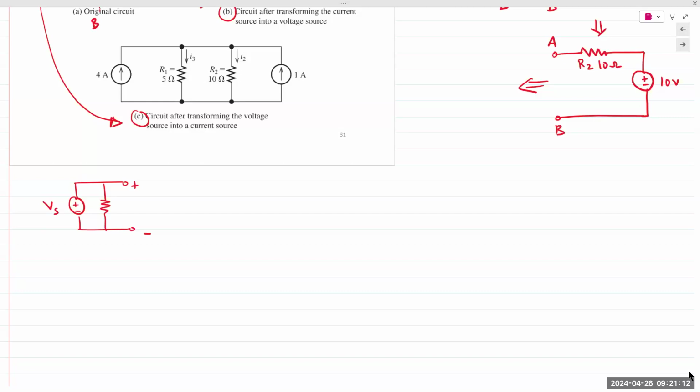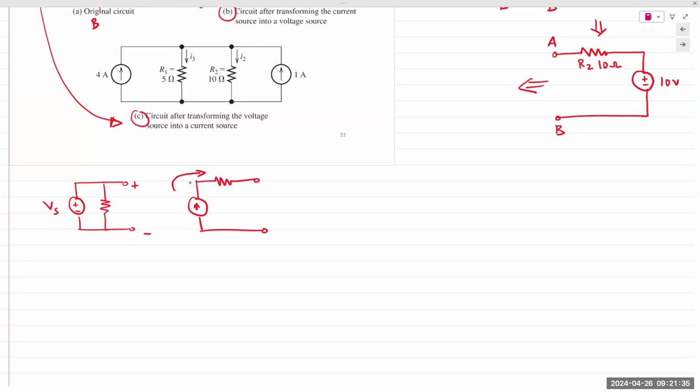And the same thing happens with a current source. So a current source will supply its rated current irrespective of what is connected at the output, similar to the voltage source. If you connect it in parallel, if you connect it in series, it does not matter what the resistance is, right? Could be infinite resistance.